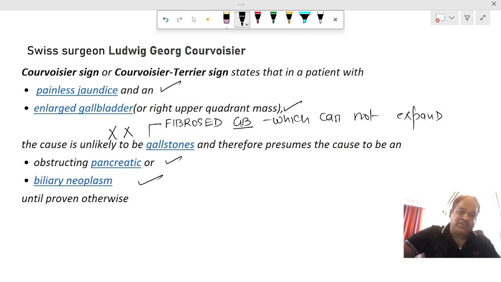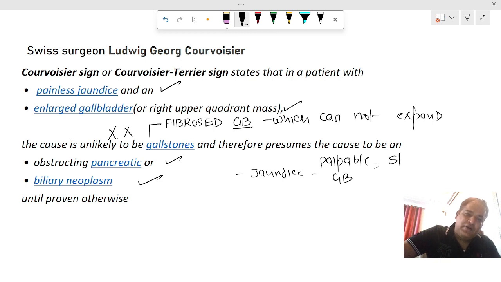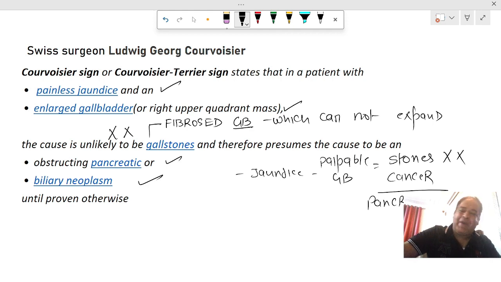So Courvoisier's law says if your patient has obstructive jaundice, that is painless jaundice, and your patient has a palpable gallbladder, the cause will not be stones at all. The cause will be a cancer, presumably the cancer of pancreas.